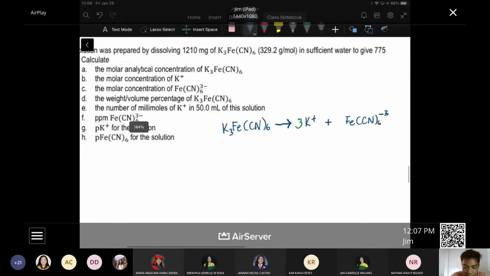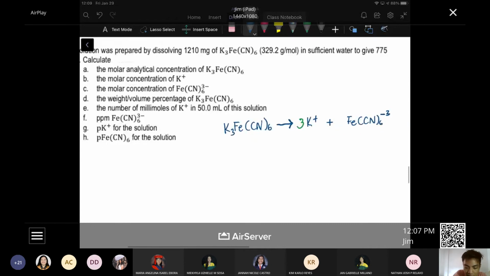Okay, ayan. So yan yung preliminary natin. Magagamit natin yan later. So let's start solving first. The molar analytical concentration of K3Fe(CN)6. So when you say molar analytical concentration, that is molarity in long words. Kunwari naghahabol ka ng words sa essay, pwede mo iganyan yung term. So let's solve for the molarity of that salt.